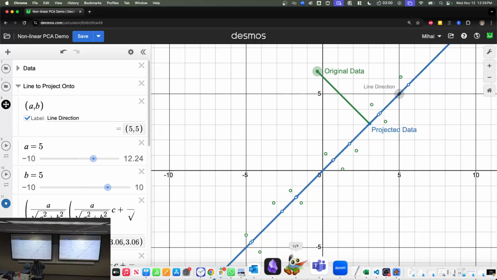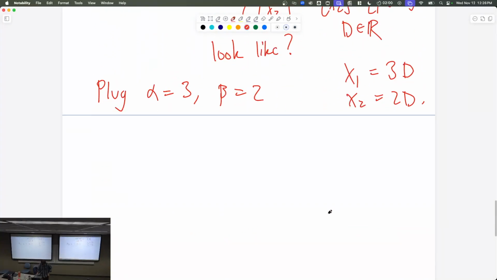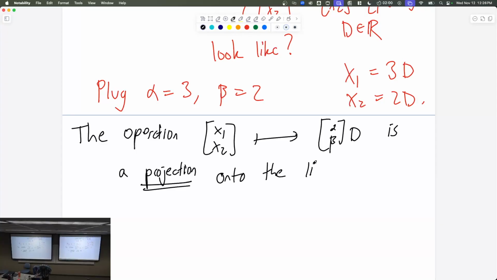Let's write this down. So the operation of x1, x2 gets sent to alpha beta times d is a projection onto the line. Let's call this line L, lowercase l.